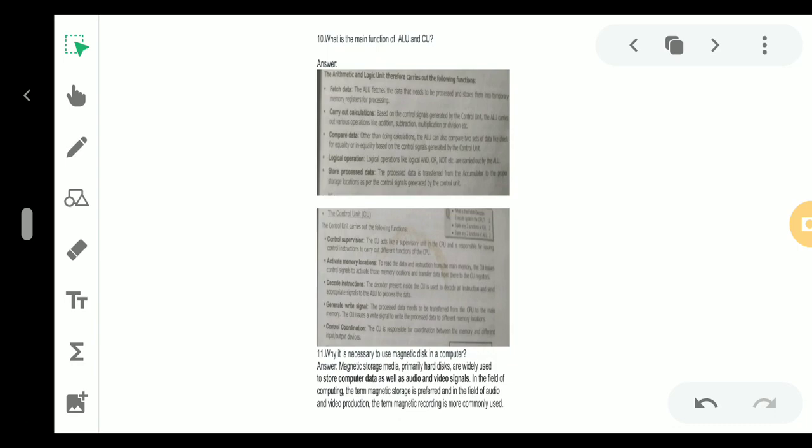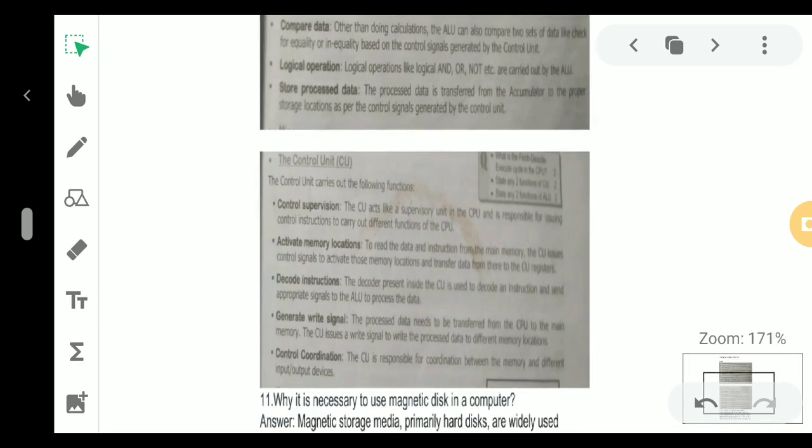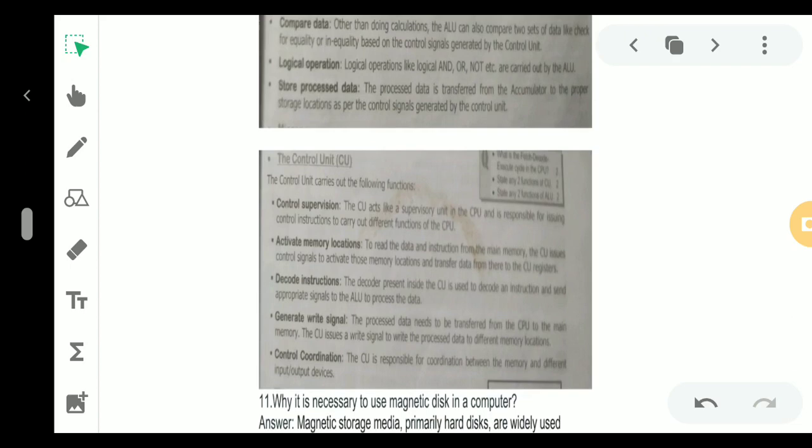Now coming back to the CU function. The CU function is actually controlling and supervising. The job of supervision is to decide where the data will come from and where the data will go. It also activates the memory location to read the data and instructions from the main memory. The CPU issues control signals to activate the memory location.